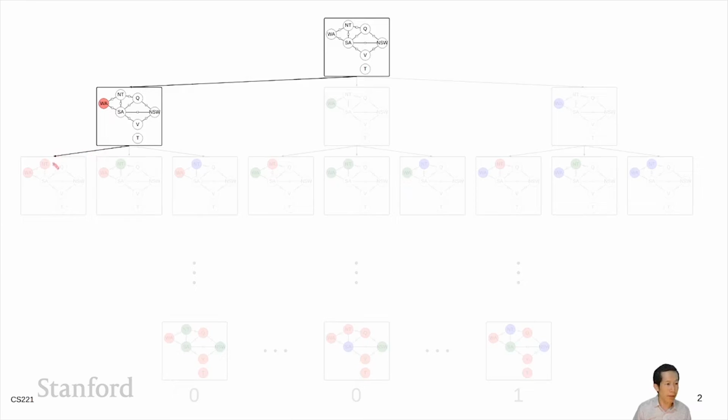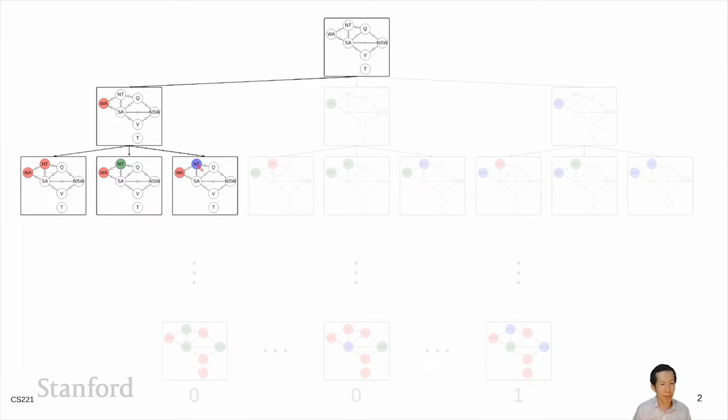Then we recurse, pick another variable, and assign a value. Maybe we hit a leaf, then we back up, backtrack, and try green, backtrack, try blue, and then we backtrack up here.